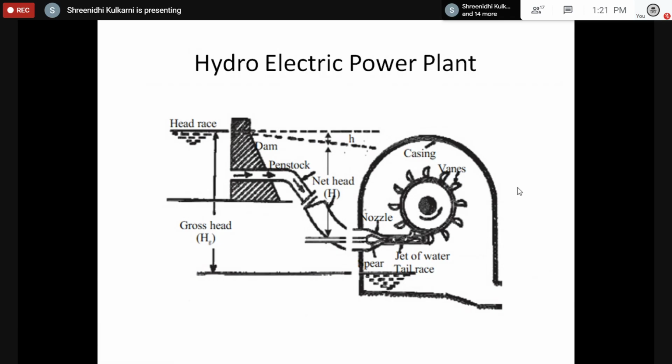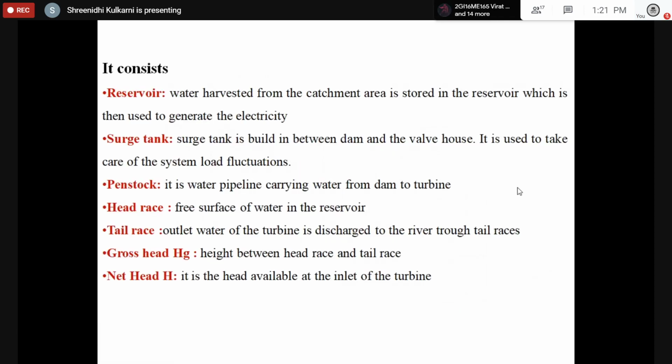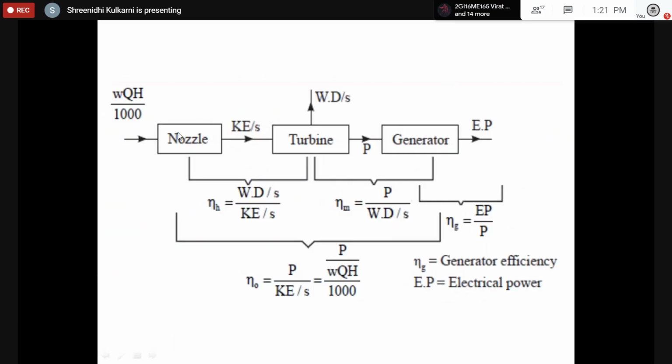Got my point? Here also we have the nozzle, the turbine unit, and further the generator. Please remember this diagram. Once you know this diagram, then you can easily write the different efficiencies.